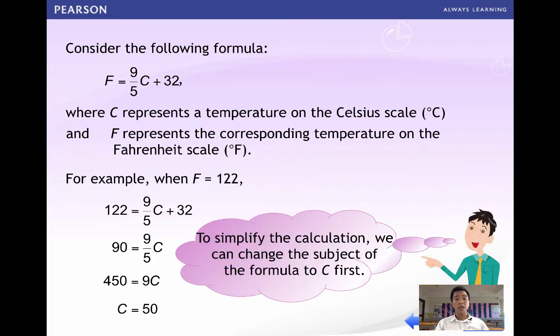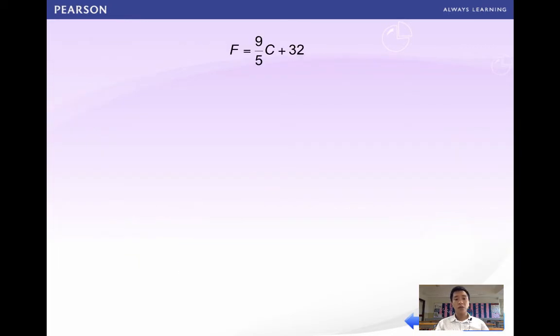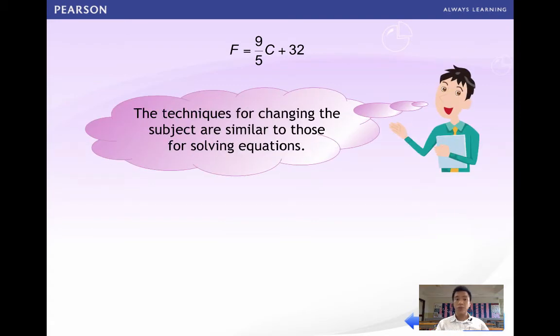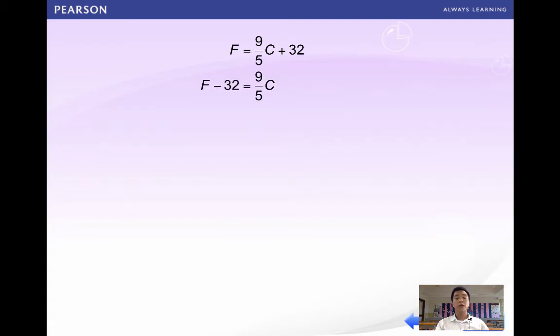But if we change the subject first, keep in mind, you just want C on one side only. So the other terms, you have to transpose to the other side. For example, in this formula, we first transpose the plus 32 to become minus 32 on the left-hand side.